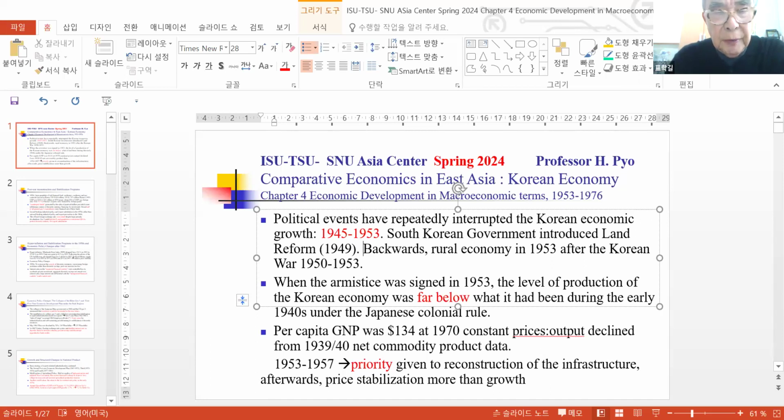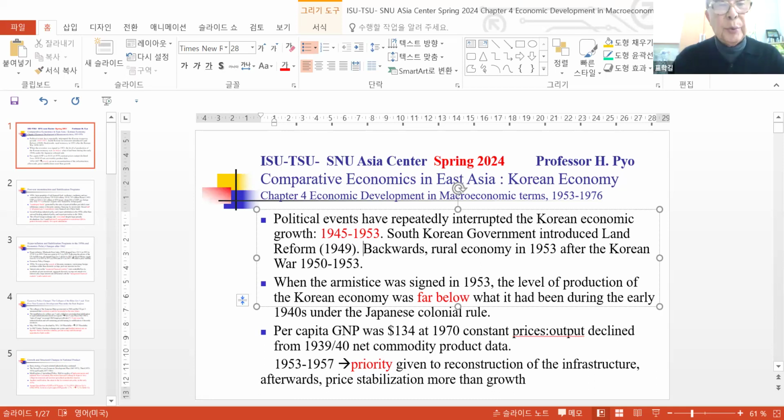In 1953 to 1957, just after the Korean War, the South Korean government gave priority to reconstruction of the infrastructure. And then afterwards, price stabilization more than growth.